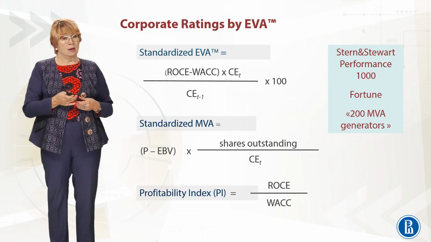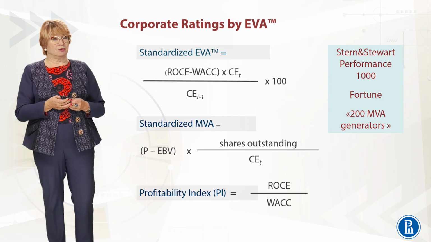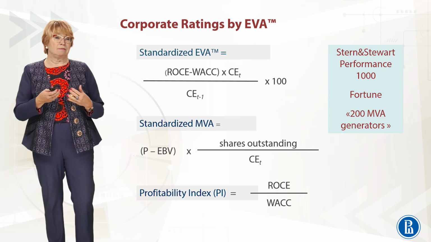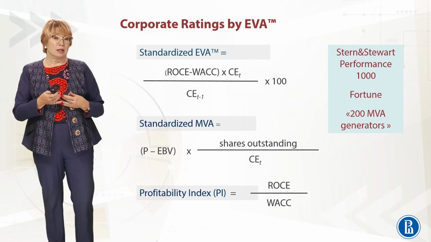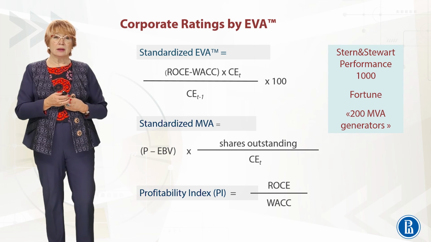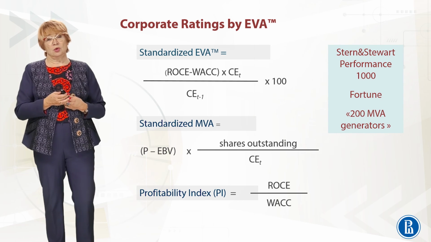And the third measure is the so-called profitability index, which describes the relationship between return on capital employed and weighted average cost of capital. If your profitability index is above 1, then it means, of course, you continue creating value.